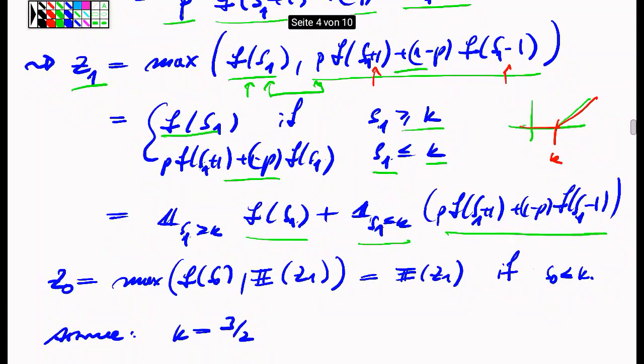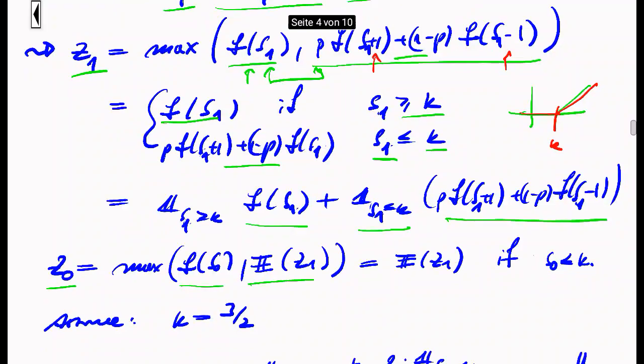And finally, you can also compute the Z0 value, which is the maximum of f of S0, just by the definition, and the expectation of Z1.